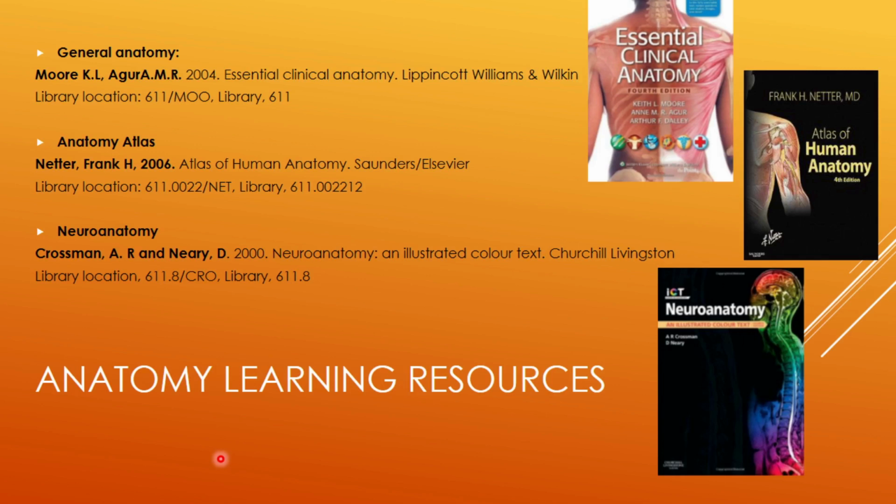All anatomy is the same, regardless of what textbook you read. These are just the ones that we recommend and that we ensure the library has access to. But please don't worry if you have a student Gray's or Snell's anatomy. They're all fine.